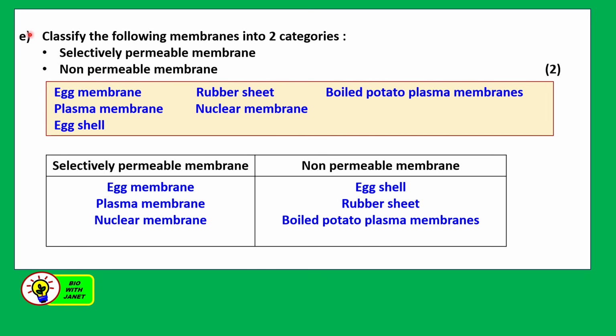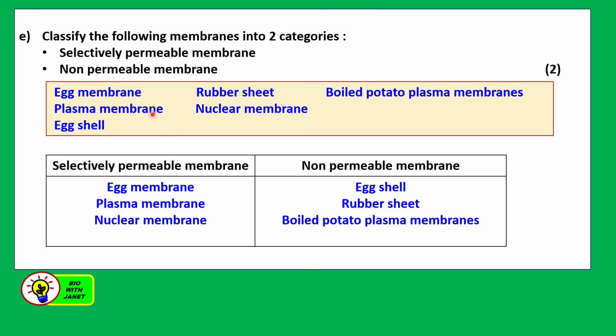Now another example of classification. Classify the following membranes into 2 categories: selectively permeable membrane and non-permeable membrane. All right. So out of these 6, which one are selectively permeable? Now, egg membrane, that means the white membrane beneath the shell, that is selectively permeable.